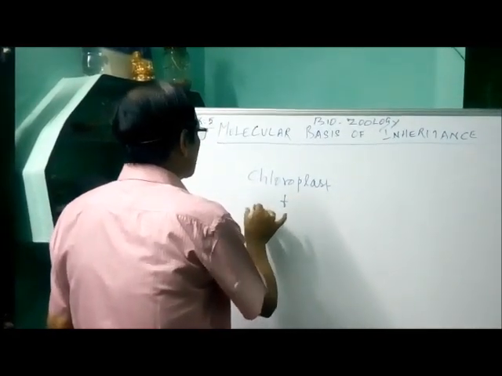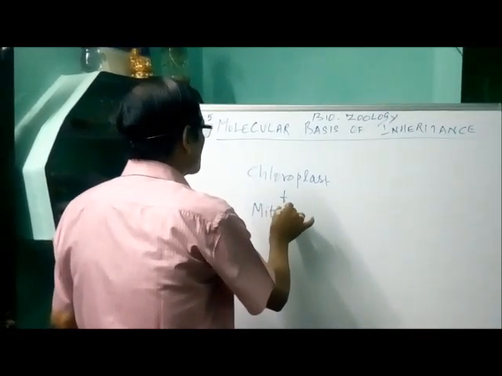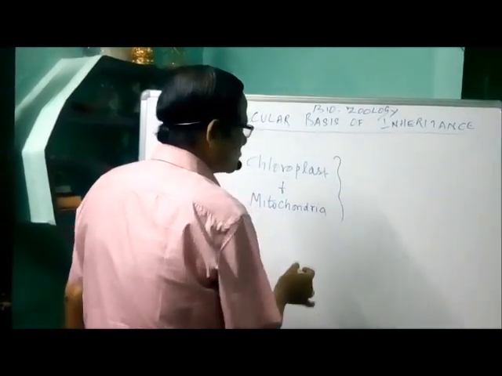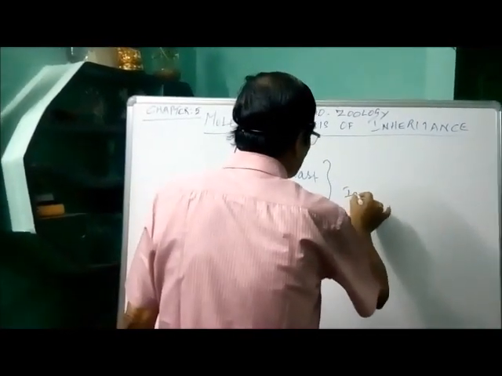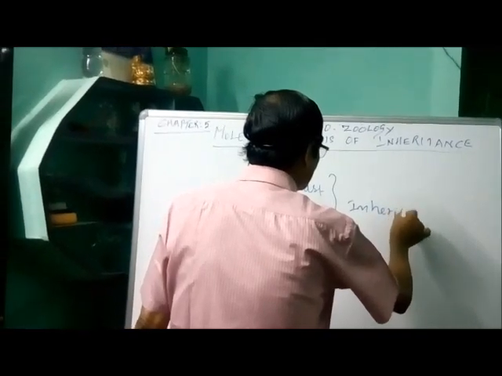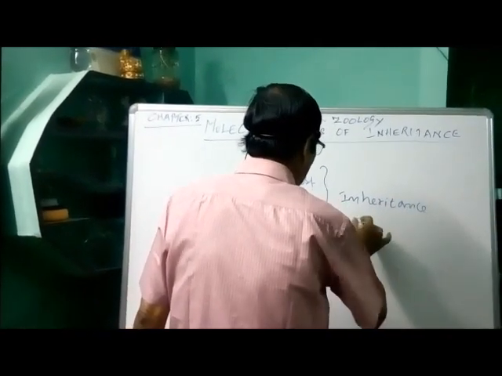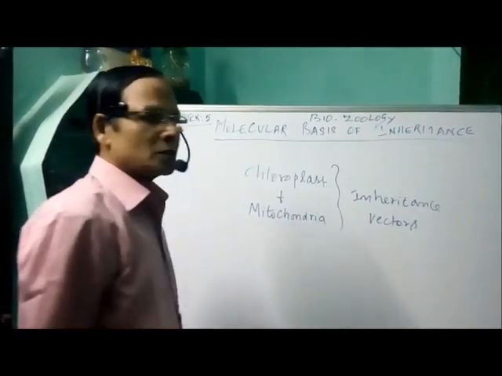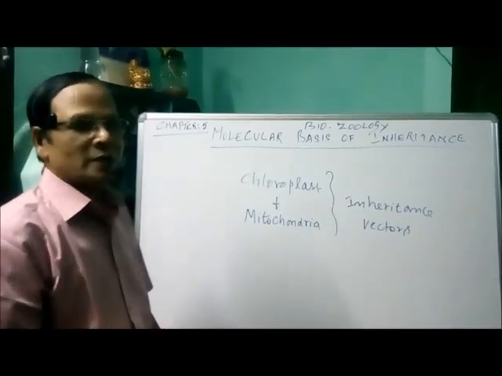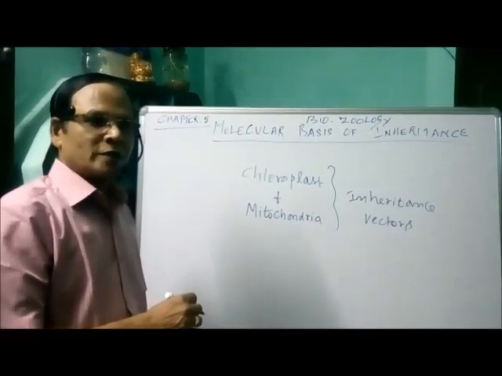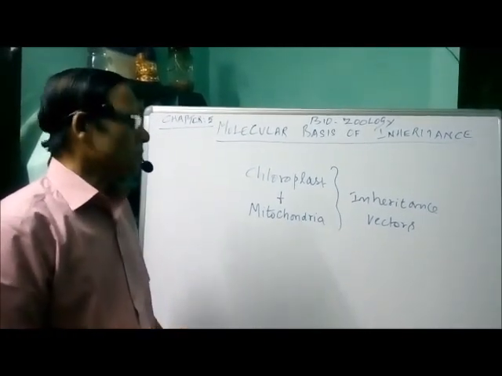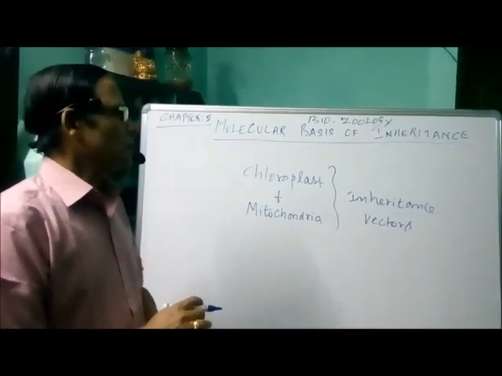The chloroplast and mitochondria, these two are called inheritance vectors, because they are responsible for the transmission of the character from the parent, that is from the mother, to the young ones.